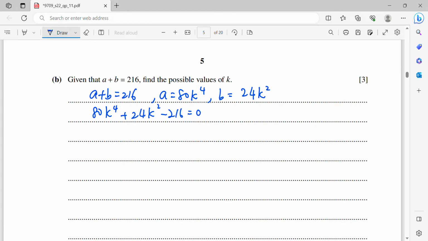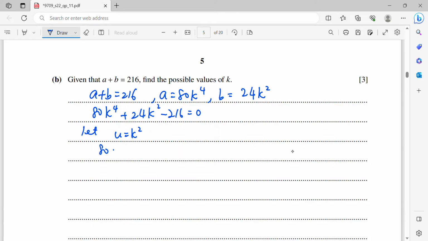To solve this question, we need to simplify first. I will let u be k².